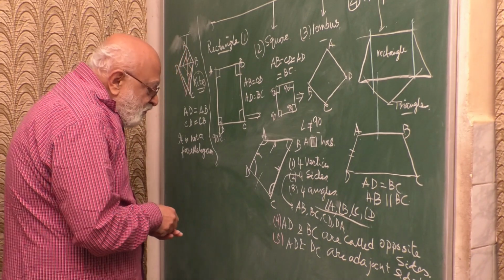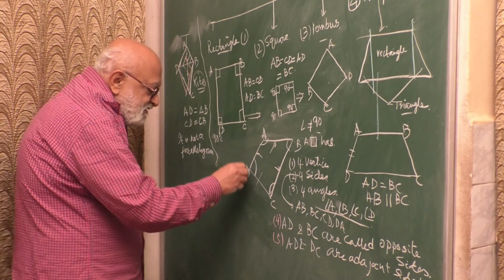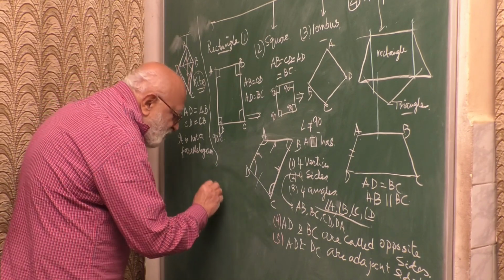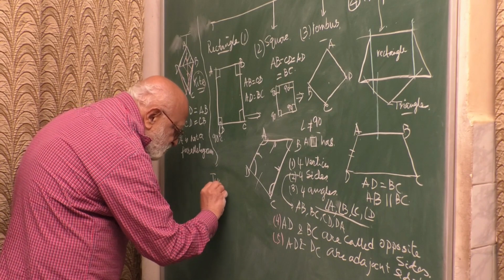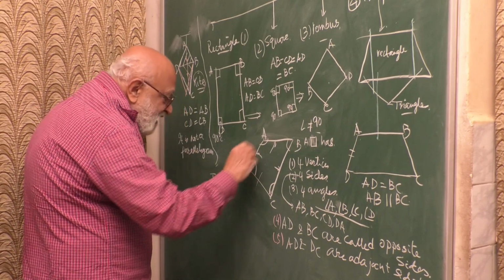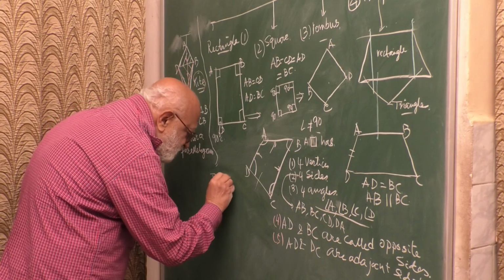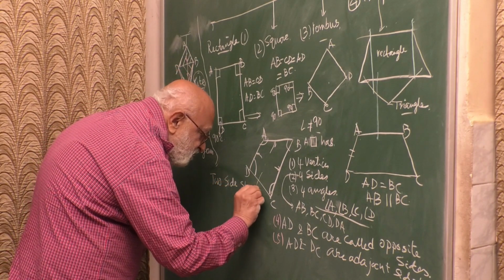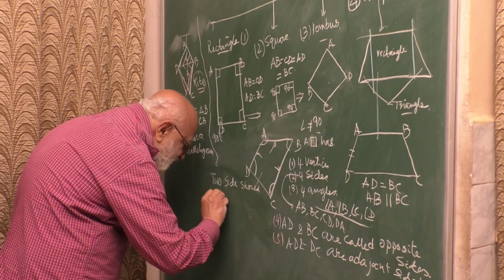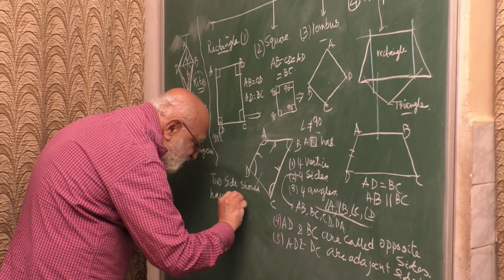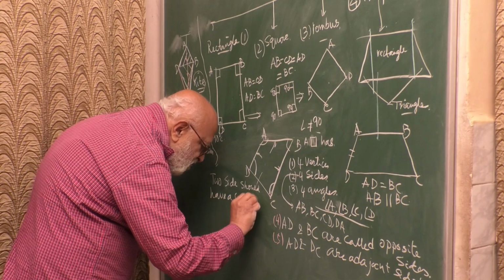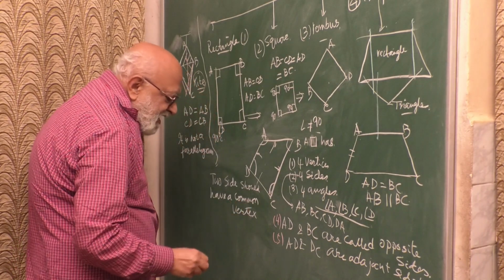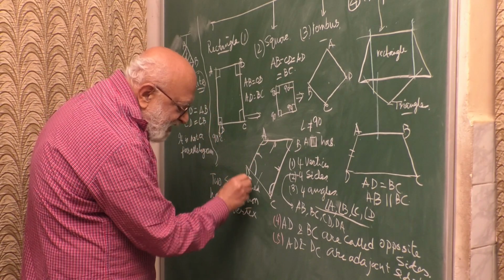Now, in order to be adjacent sides, the two sides should have a common vertex, like AD and CD.